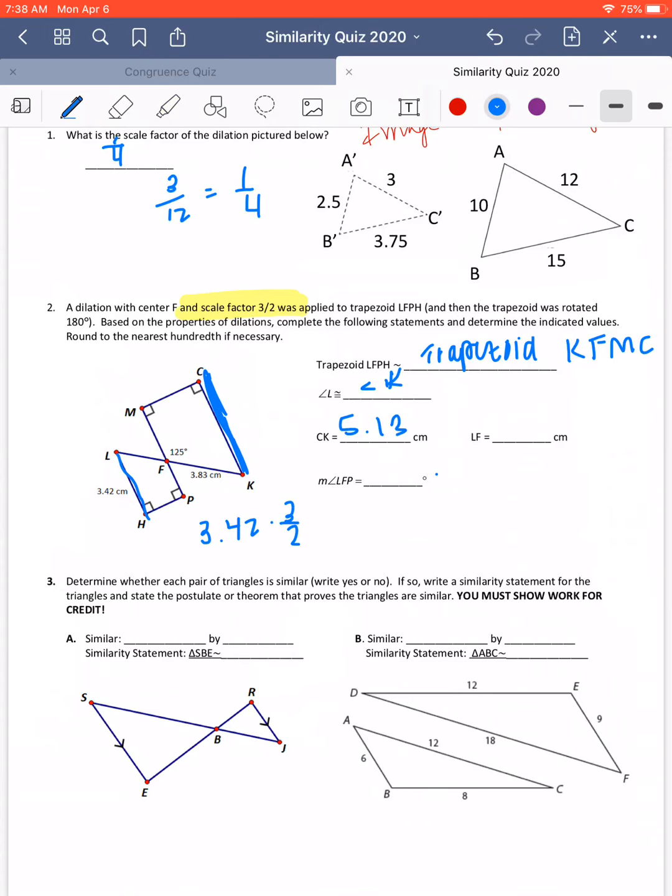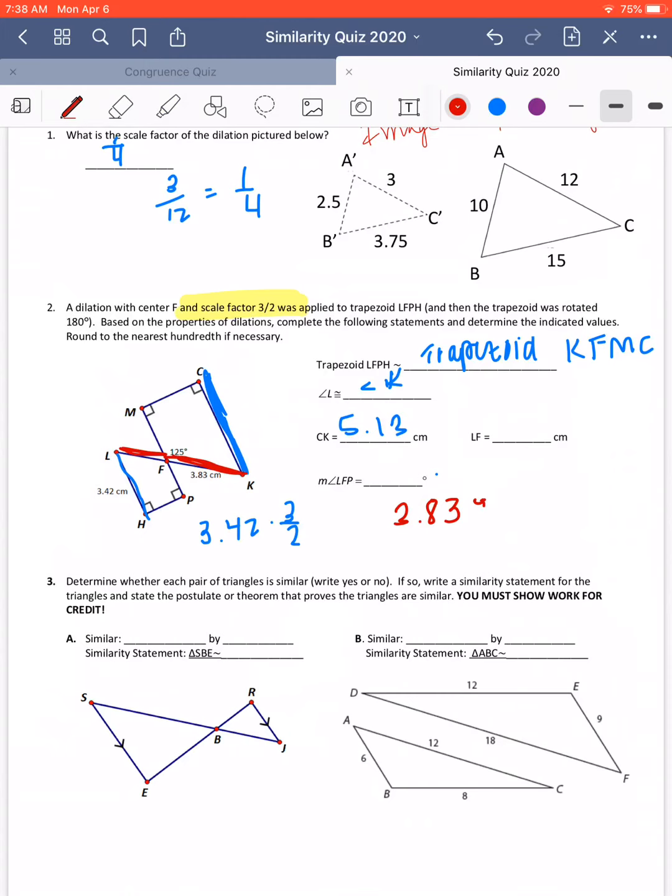The next part says LF is equal to how many centimeters? So LF is this side right here, and that's corresponding to this side. Now, for that one, we're going from the bigger image to the smaller one. So what I would do is 3.83, and instead of multiplying it by 3/2, we're going to the smaller image.